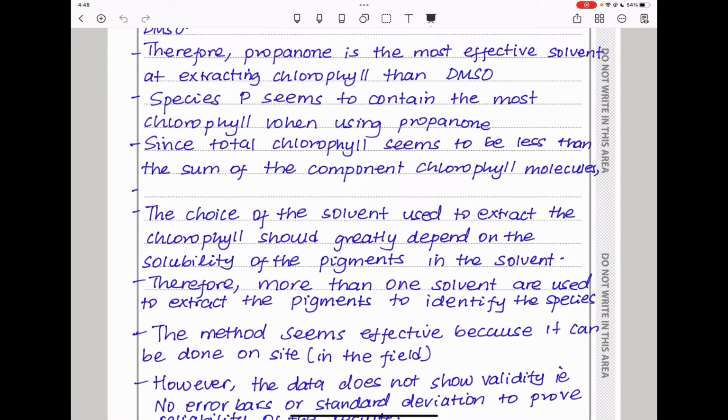If you're using solubility as a method of extracting something, whatever pigment you're trying to extract should be soluble in the substance you're using. So if you have propanone and DMSO, and propanone is extracting more of these different pigments, it can tell us that maybe the components are more soluble in propanone than in DMSO. That is why we see a higher concentration when you use propanone than when you use DMSO.